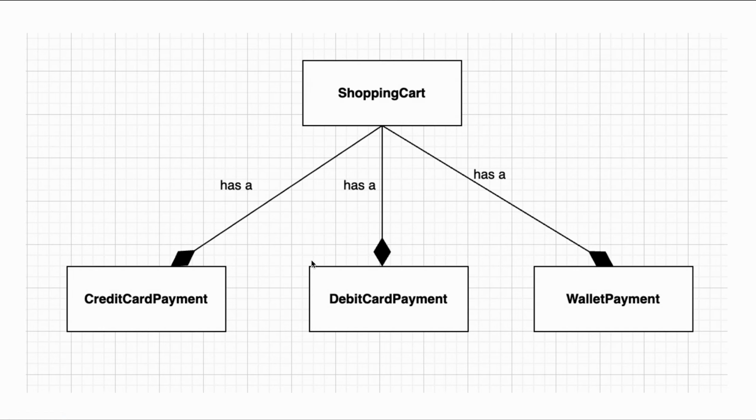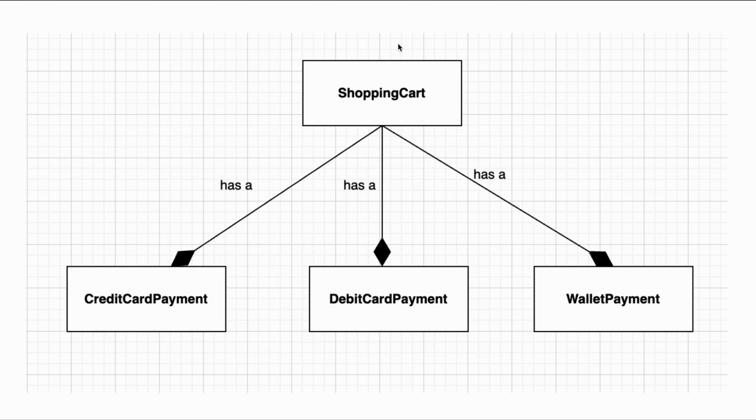So this shopping cart is depending on the implementation of different payment types, right? So suppose tomorrow if I have to introduce one more payment type, I want to accept payment via PayPal, then I have to modify this shopping cart class, right? So again it violates the open close principle.